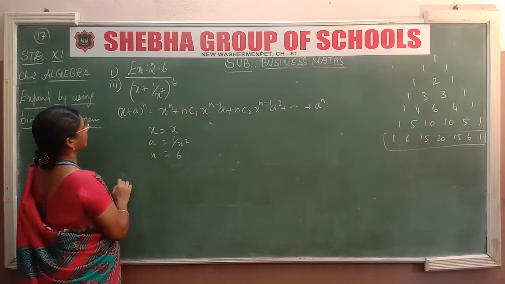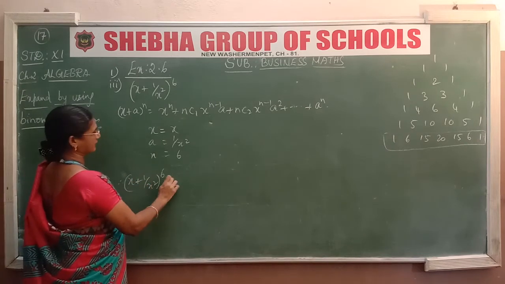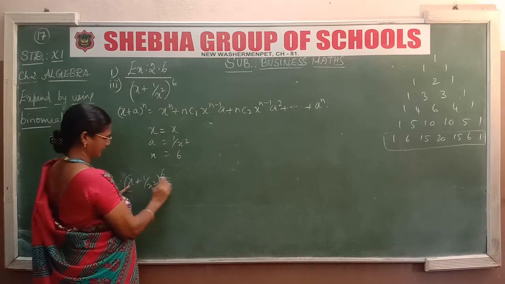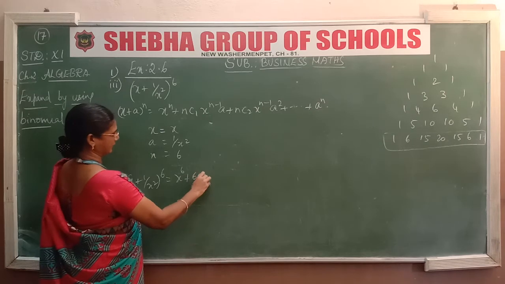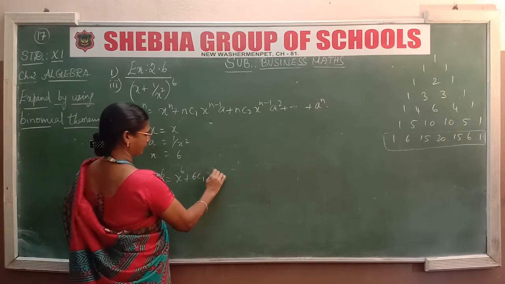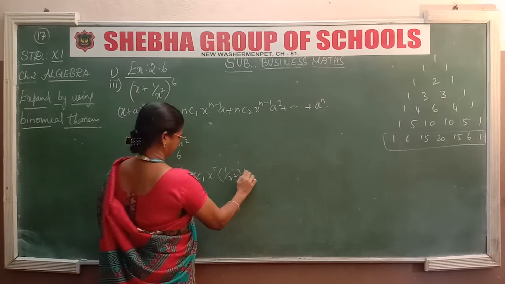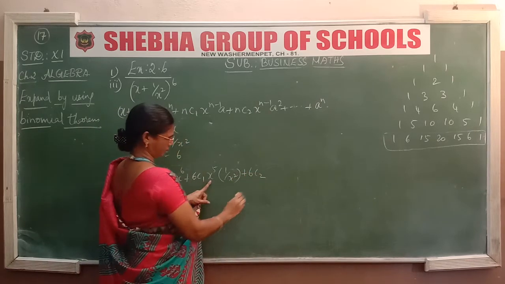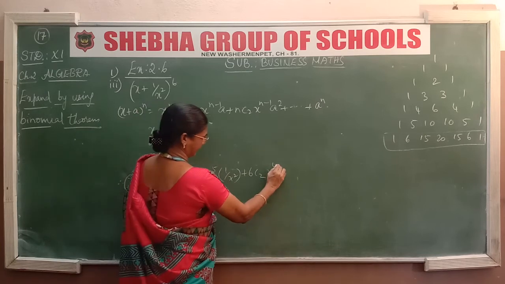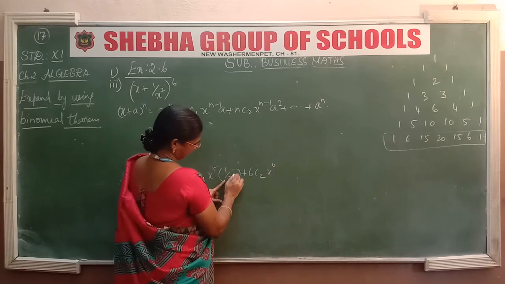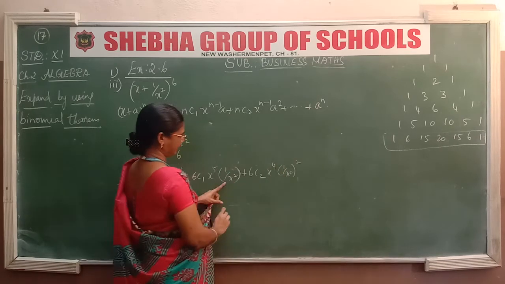Therefore write the question: x plus 1 by x square whole power 6 is equal to first one x power n, that is x power 6, plus 6c1 x power 5 into a, which is 1 by x square, plus 6c2. Then we decrease the power by one degree, so 4, and increase this power, 1 by x square whole square.